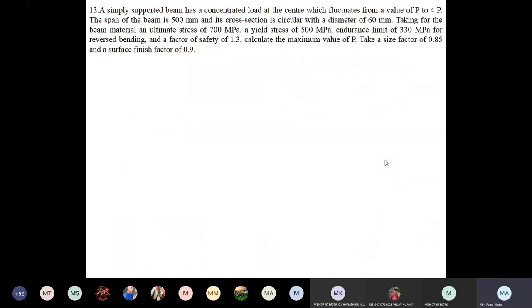See, this is the next problem. A simply supported beam has a concentrated load at center, which fluctuates from P to 4P. The span length of the beam is 500 mm, and its cross section is circular. Diameter is 60 mm.